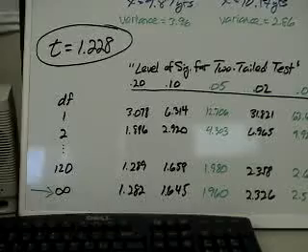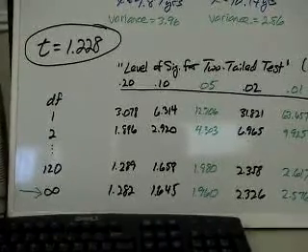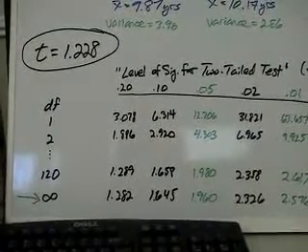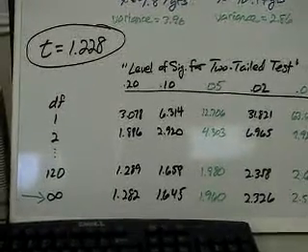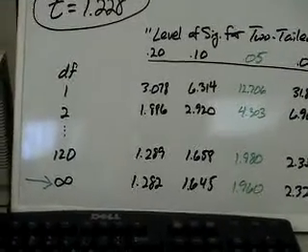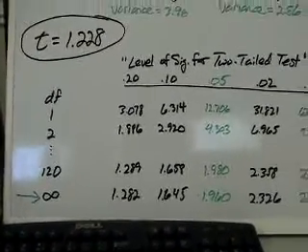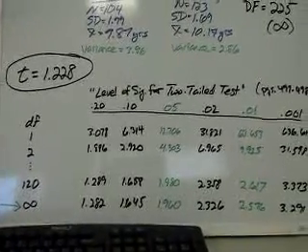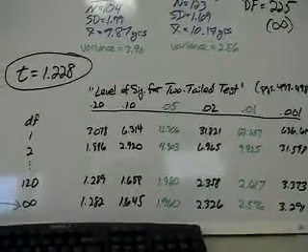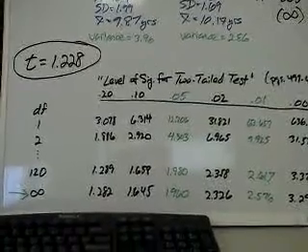It starts at 1 and goes all the way down to 120. Anytime you have a sample size that yields a degrees of freedom over 120, you're going to use that infinity symbol. And that applies to this particular problem because our degrees of freedom is obviously over 120. It's 225.